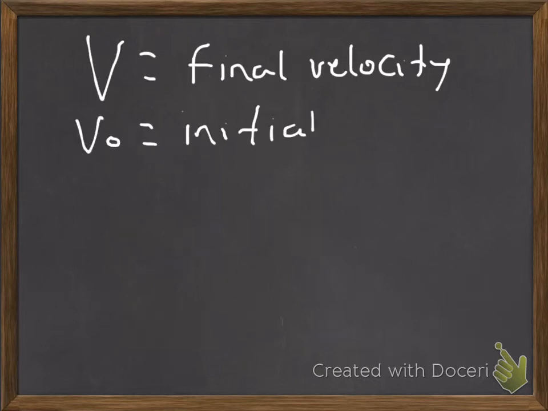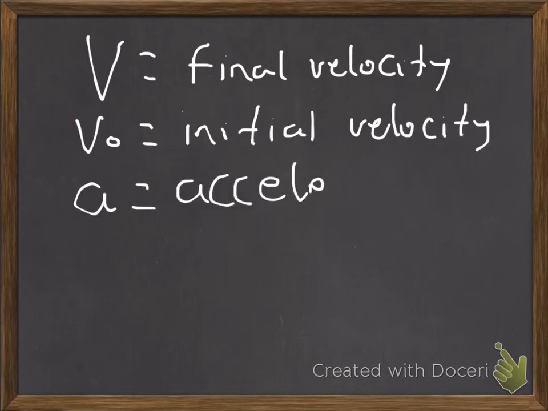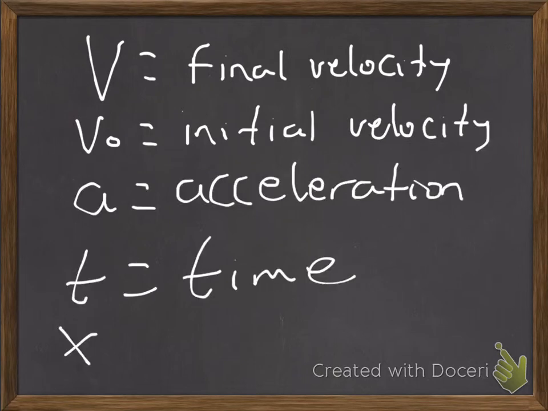Alright, so here's a quick description of variables and what they all mean. So when you see words like final velocity, initial velocity, acceleration, time, and position in a word problem, then those are the variables that we have to label so that we know where to plug them into the equation.